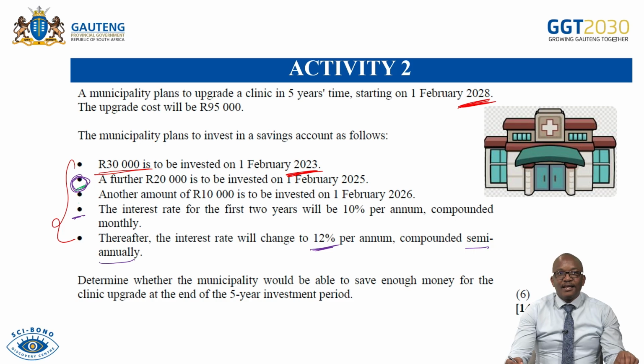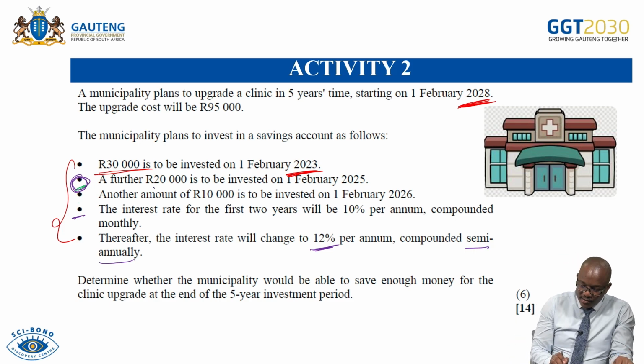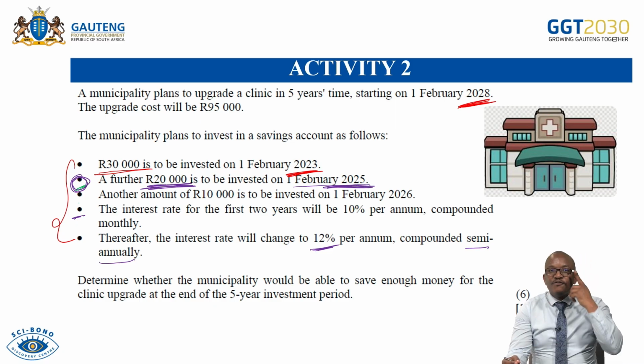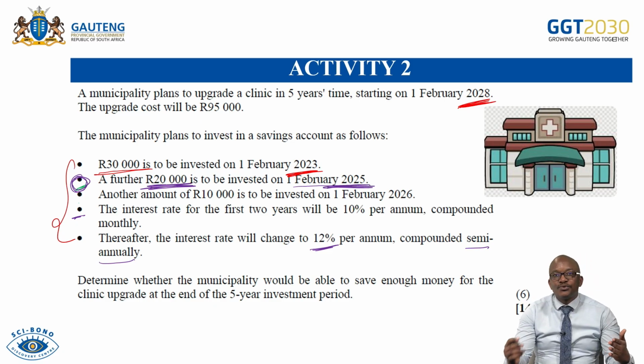Then the second bullet says a further 20,000 is to be deposited in February 2025. So if you count from 2023 to 2025, you can check that that 20,000 is deposited after how many years.